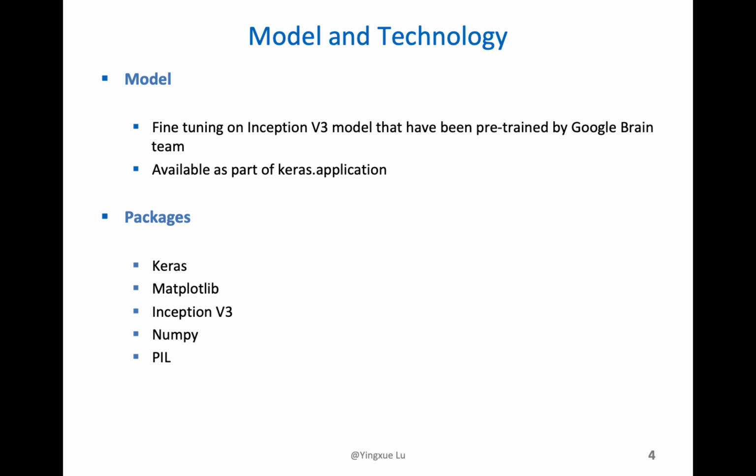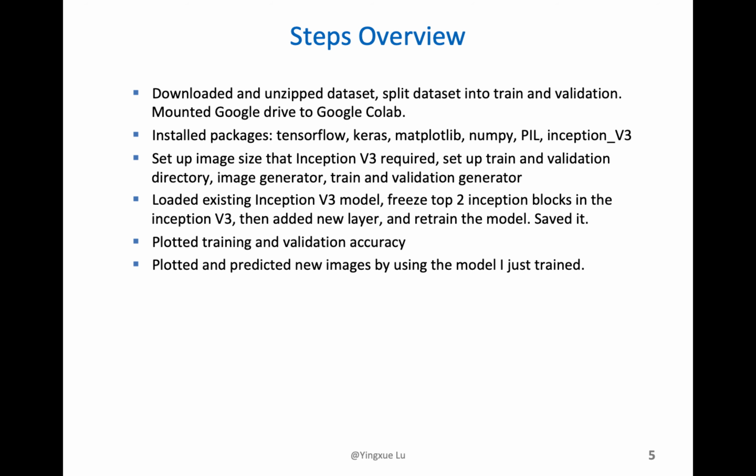The method I used is fine-tuning, as I mentioned before, and the model I started with is the Inception V3 model, which has been pre-trained by the Google Brain Team and, similar to VGG16 that we learned in our class, is also available as part of Keras applications. I installed some packages like Keras, Matplotlib, Inception V3, NumPy, and PIL, etc.